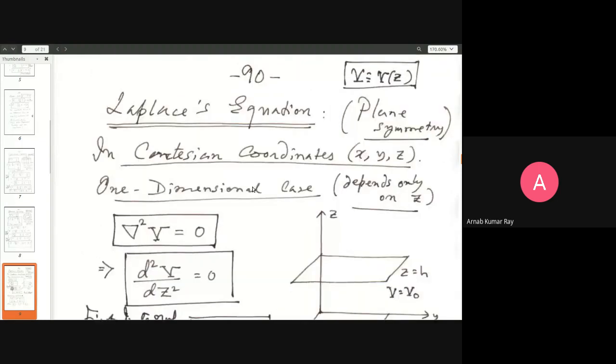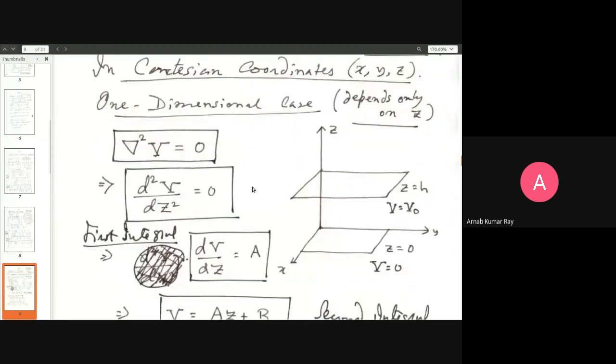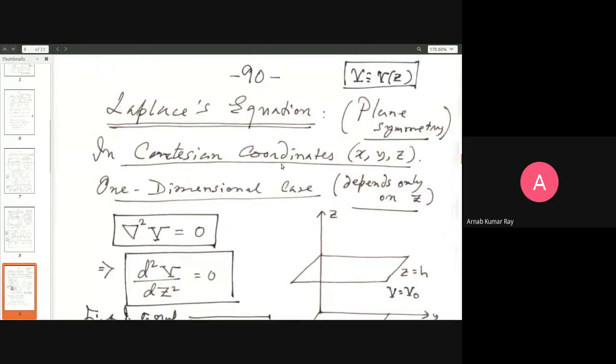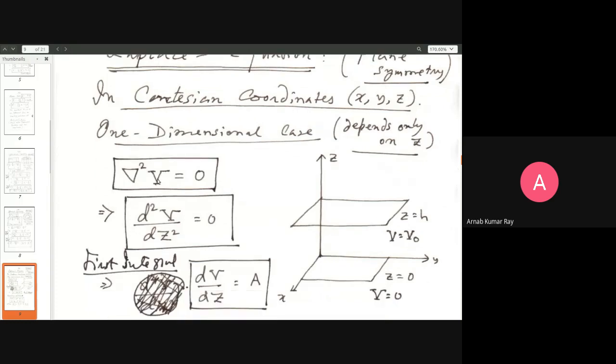And then, the basic algorithmic flow of solving these equations is the following. First, you write the general equation, del squared V is equal to 0. Then, as per the requirement of the problem that you are solving, that is, V depends only on z, you recast del squared V equal to 0 to d2V/dz squared is equal to 0, which is the equation of a straight line.